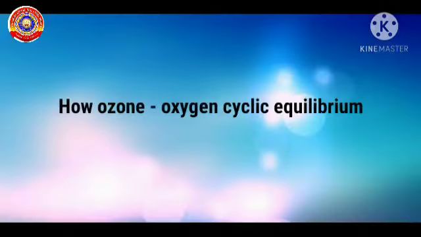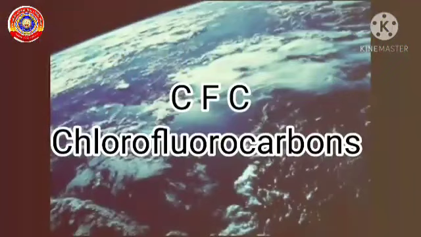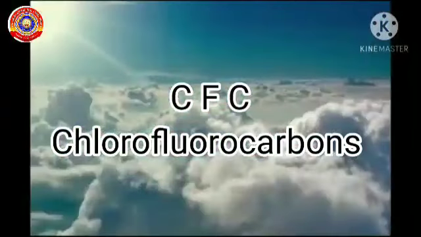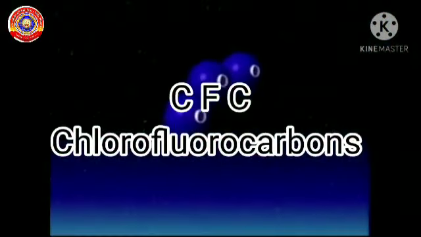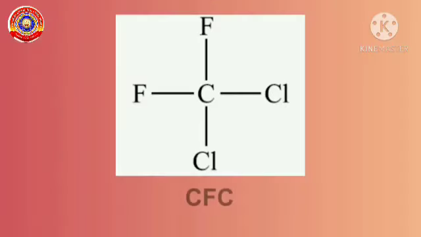Alright children, let us know how the ozone-oxygen cyclic equilibrium is disturbed. Have you heard about CFC? CFC or chlorofluorocarbons cause the depletion of the ozone layer. CFC is a compound that contains atoms such as carbon, chlorine and fluorine.